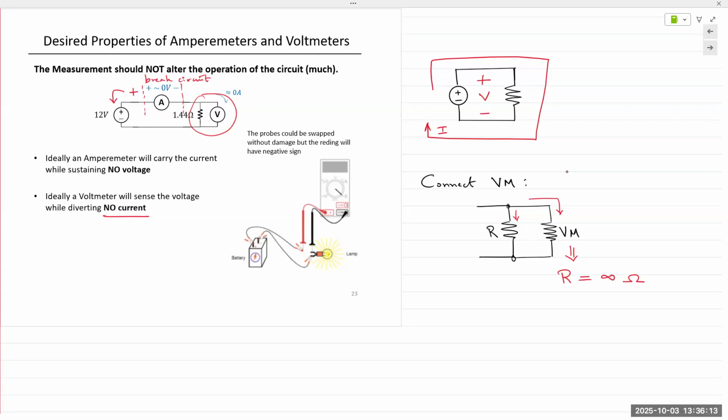It goes into the meter, out the negative end and into your load resistance. Now, as it says on the statement, an ideal ammeter will not sustain any voltage, meaning the resistance of that ammeter must be as close to zero as possible. So when it says sustain no voltage, it means the resistance of the meter must be 0 ohms.